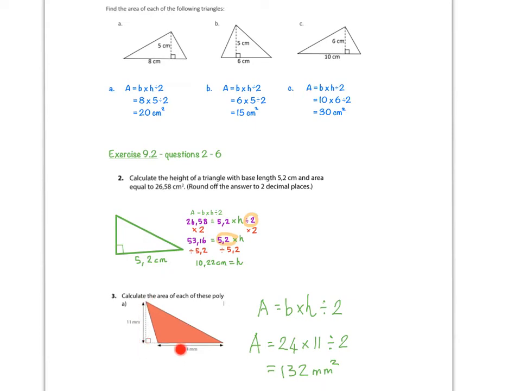In this example, if I use the side of it, that is not a perpendicular height, so I can't use that side. I must run a perpendicular, and we use the base, which is 24 millimeters, multiplied by 11 millimeters and divided by 2. On your calculator, that gives you 132 millimeters squared.